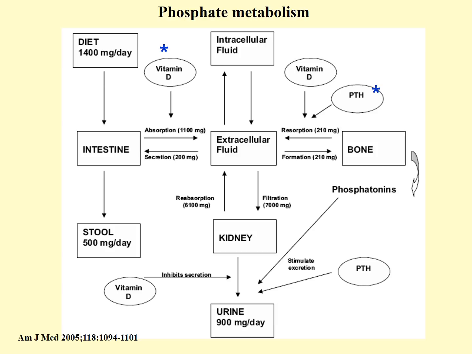Remember, PTH tends to stimulate bone resorption, and therefore the flux of phosphate from bone into the extracellular fluid. The other thing that PTH does, at a kidney level, is stimulate the excretion, so it's a little bit phosphaturic. So individuals with PTH excess tend to have low normal or slightly below normal levels of serum phosphate.